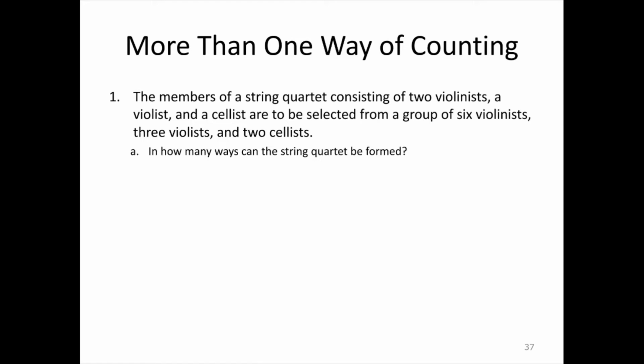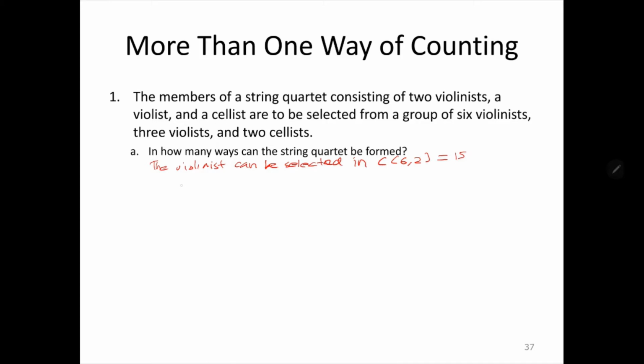So the violinists can be selected in how many ways? Combination of 6 taken 2. If we count with the formula 6 factorial over 2 factorial times 4 factorial, it will be 15.